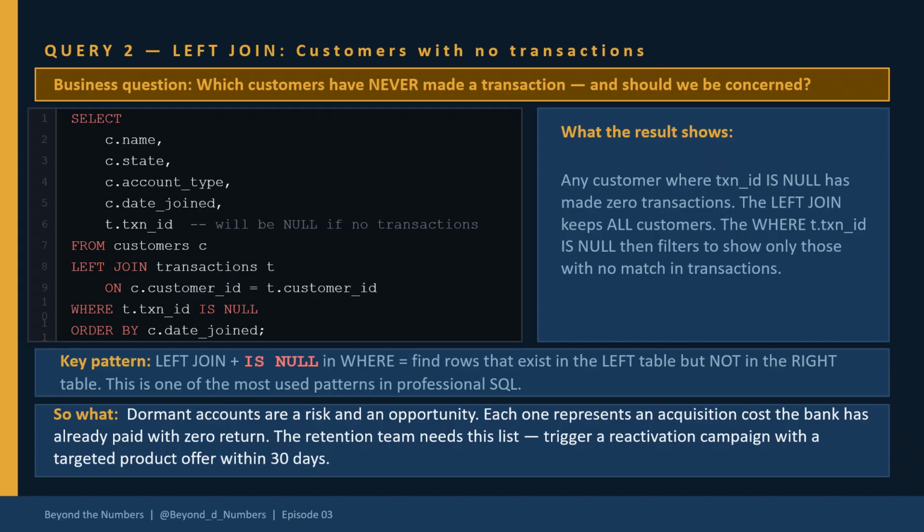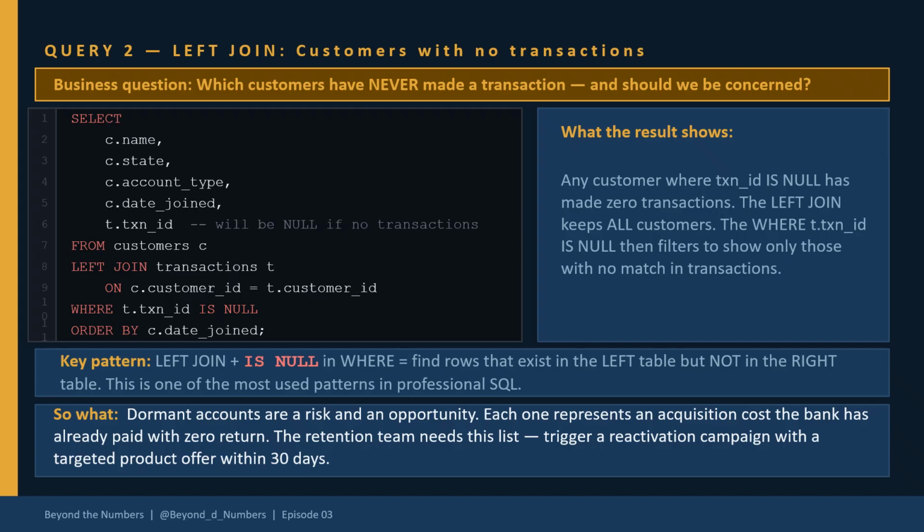Notice that the WHERE filter is on txn_id, which is the primary key for the transactions table. It is not a filter on a value column like txn_type. Filtering on IS NULL to find missing records is safe in WHERE. It is the value filters like txn_type equals 'deposit' that belong in ON.